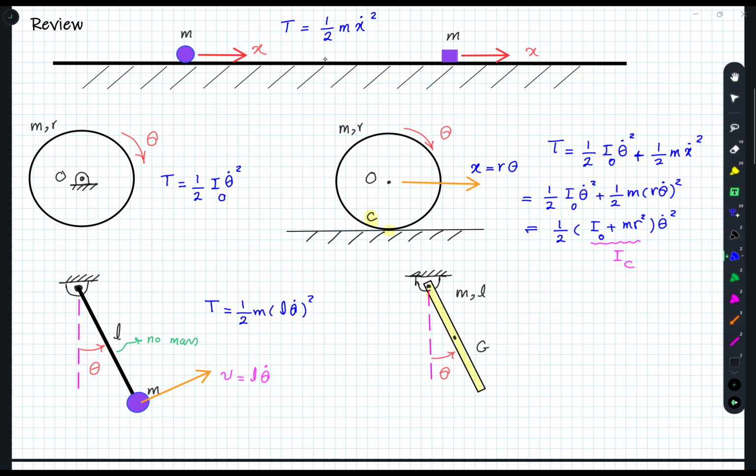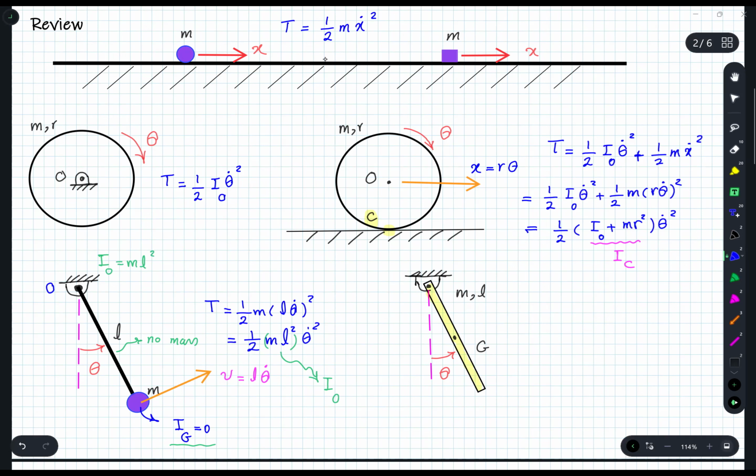Keep in mind that here Ig is 0 because it's a concentrated mass. Or similarly, if I call this point O, I know that half of m L squared theta dot squared, if I rewrite that relation like that, m L squared, in fact, is IO, because I have a concentrated mass, Ig is 0, but IO is simply m L squared.